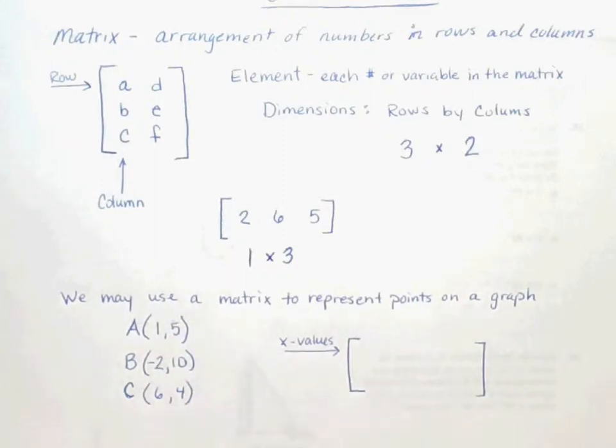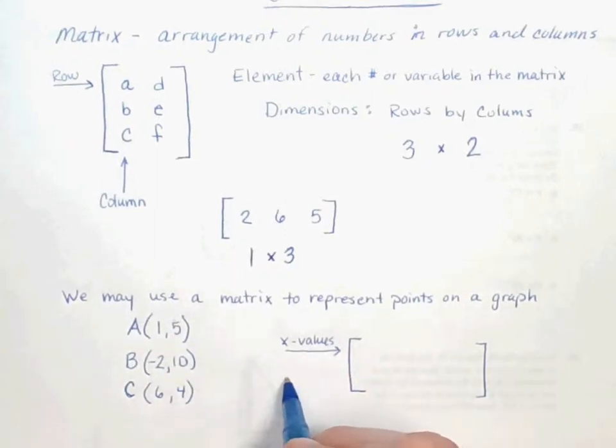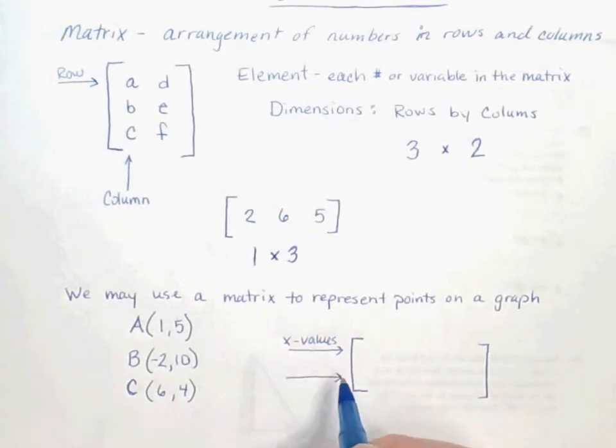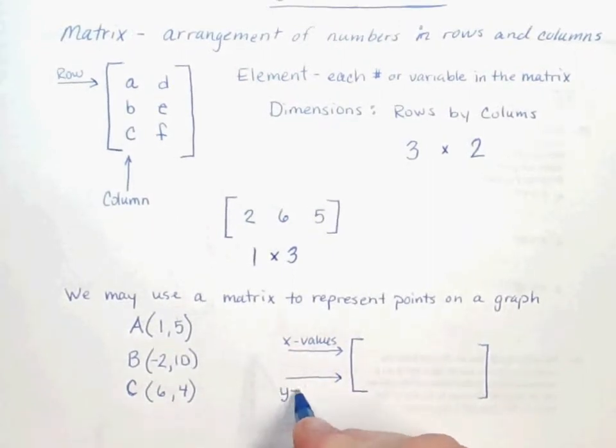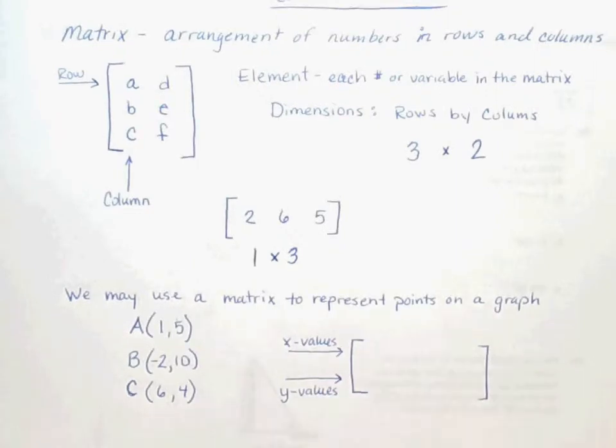Then the bottom row, I could make my y values. How do we know that there are 2 rows? Well, the reason we're only going to use 2 rows is because each point has an x value and a y value. So we're going to put the x values on top and the y values on the bottom. So this is what our matrix would look like.